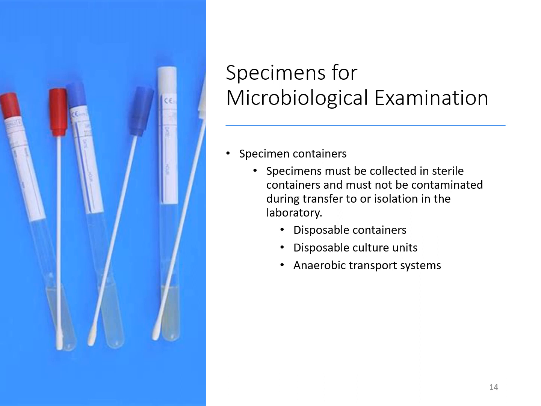So using disposable containers that have been sterilized beforehand through the manufacturer, using disposable culture units, so swabs that are one-time use, you swab the specimen and you throw it away, and also by the use of anaerobic transport systems. So with the anaerobic transport system, this prevents the bacteria on that swab from being exposed to air, for any organism that can only grow in anaerobic conditions, so without air.